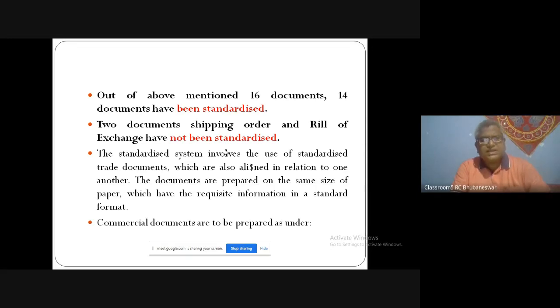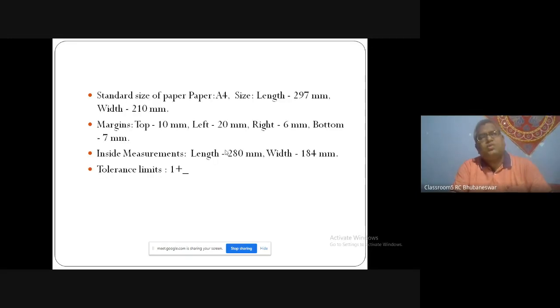But the question here is the size of the document. The paper size is A4, the length is 297 and the width is 210, with margins at top, bottom and sides as in your book. The inside measurement is length 280 and width 184.